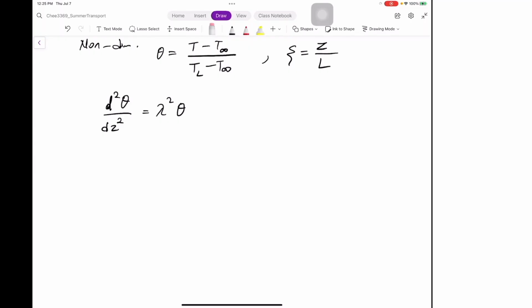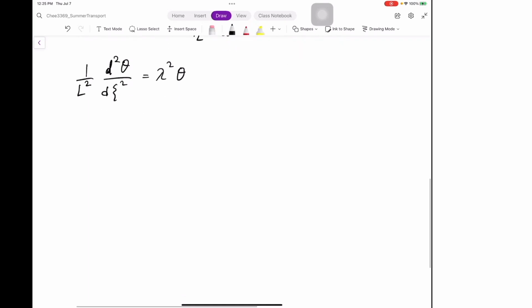So you can have d psi squared here and 1 over L squared is here. And then your equation will be d squared theta over d psi squared is equal to lambda squared L squared theta.